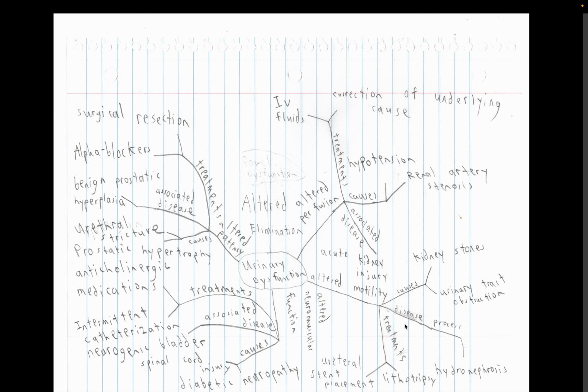Then, looking at altered neuromuscular function, I focused on diseases like neurogenic bladder, which can be caused by something like spinal cord injury, one of the causes, or diabetic neuropathy, another cause.